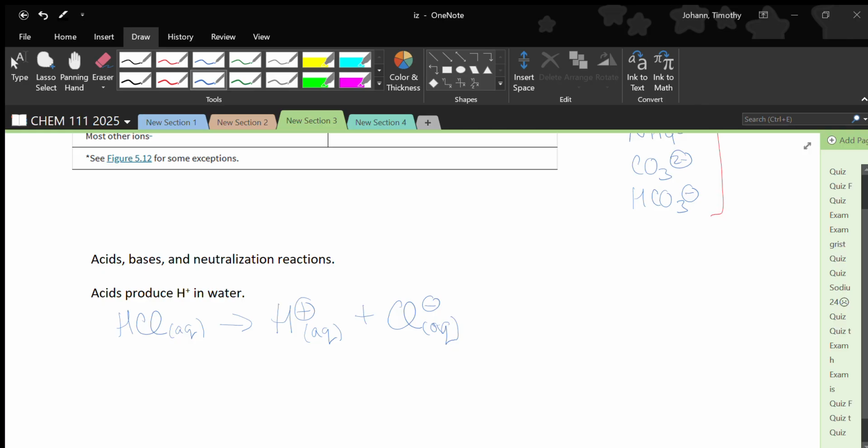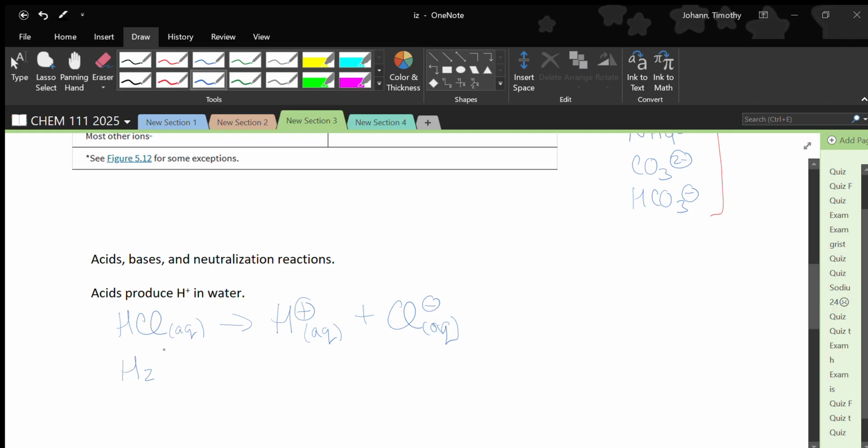You can get this burn-your-face-off concentrated, but I think it still has some water around. But when we dilute it out in water, that happens.